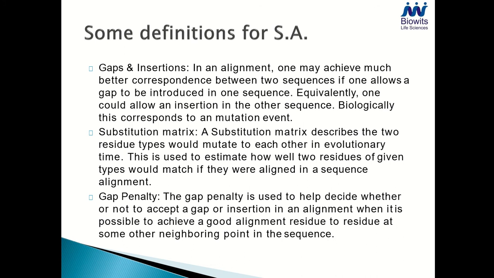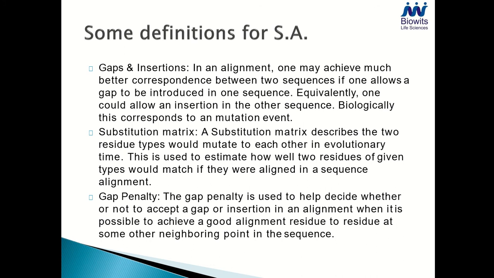So, another one is substitution matrix. How do we define substitution matrix? It describes how two residue types would mutate to each other in evolutionary time. This is used to estimate how well two residues of given types would match if they were aligned in a sequence alignment.